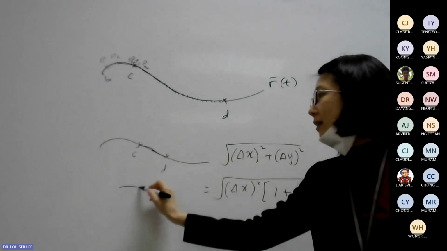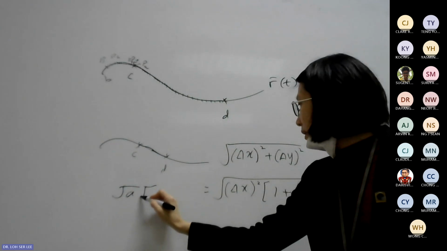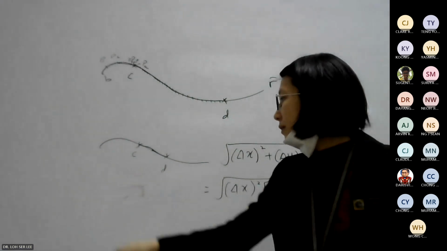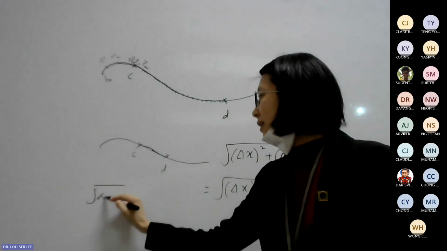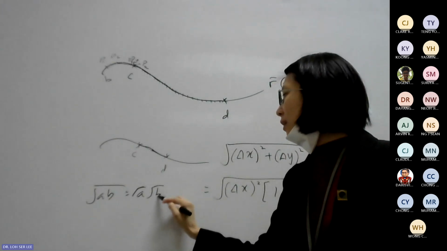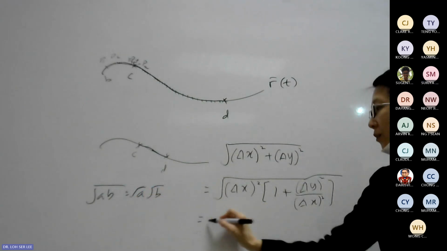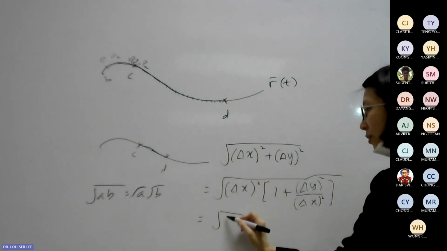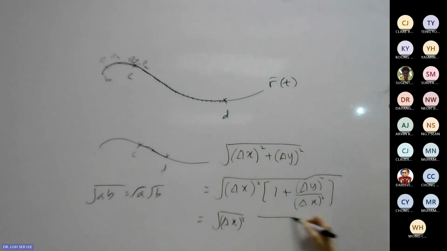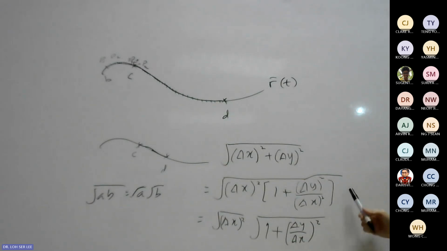And we know that the square root of AB equals the square root of A times the square root of B. We can break this into this one squared and this one squared. Next, we can cancel out the square root of the square.